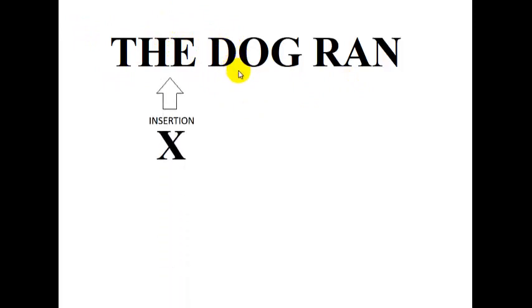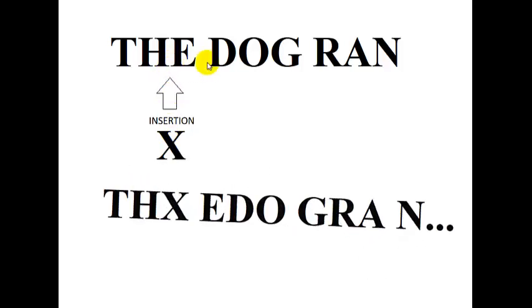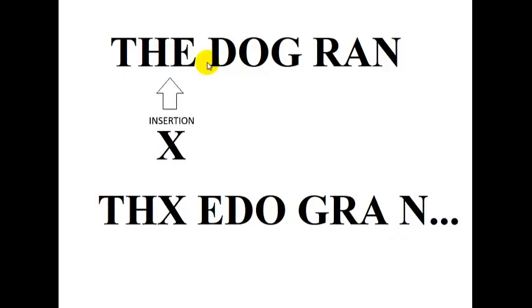Now think of what happens if we insert an extra letter. Just the letter X, it could be any extra letter here. We insert a letter into the position right after the H here. And if we keep all of our letters in the same reading frame, we now have a nonsensical sentence. This no longer makes any sense because we're trying to read it in units of 3.